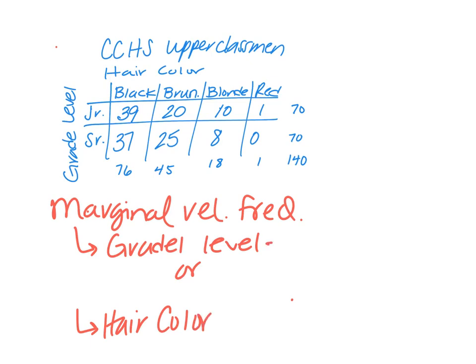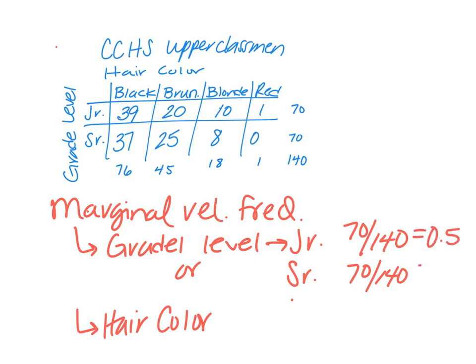So let's say we're talking about grade level. The marginal relative frequency for someone being a junior would be 70 out of the total 140. Same with seniors, 70 out of 140, which of course each of these is half, so 0.5 and 0.5 or 50%. So the marginal relative frequency is directly related to one variable, so either grade level or hair color.